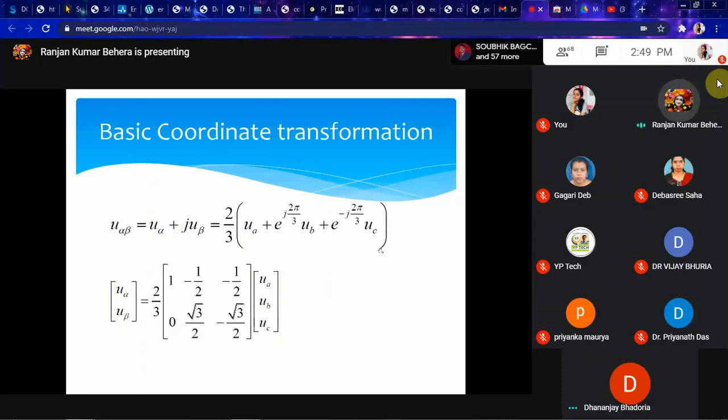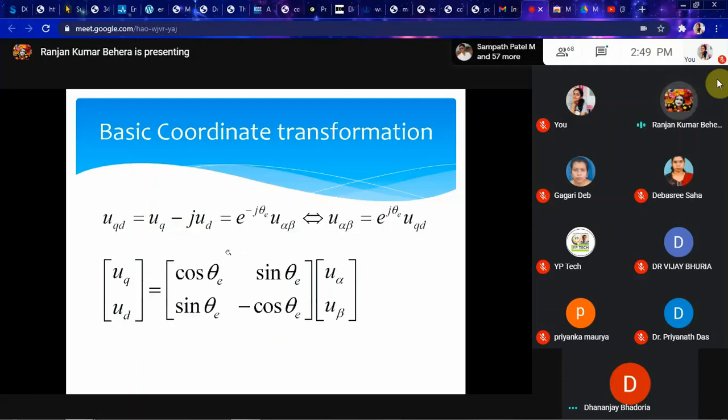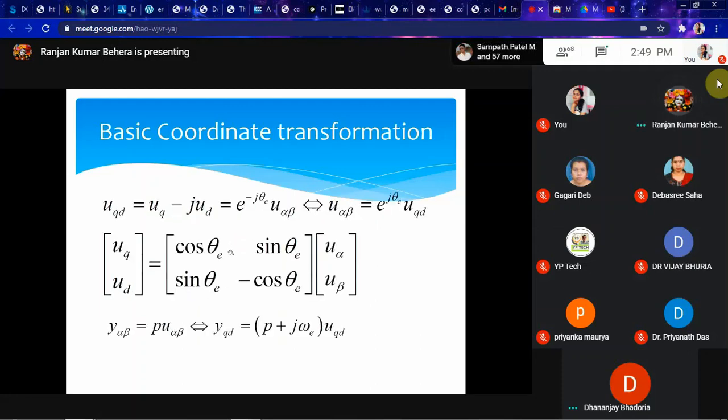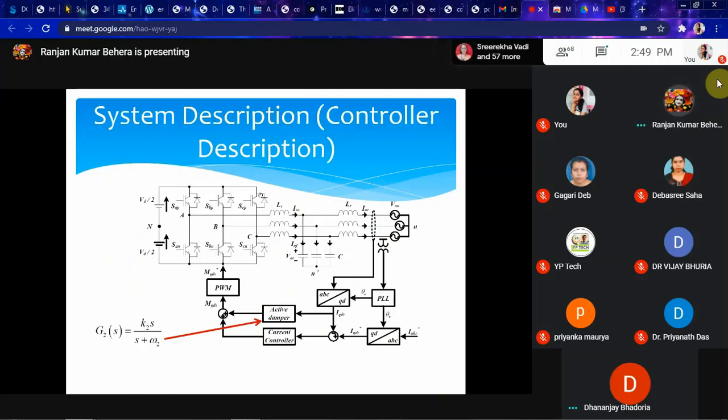Now from the 3 phase we can transform it into 2 phase, okay, ABC to alpha beta to DQ. This is the transformation matrix, by coordinate transformation, and you can design the control. And when this is designed, you can see that the active damper is nothing but like a second order low pass filter.